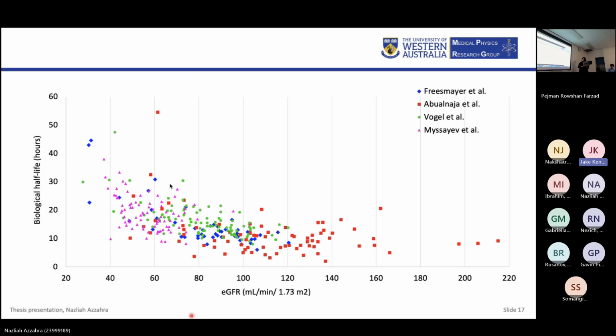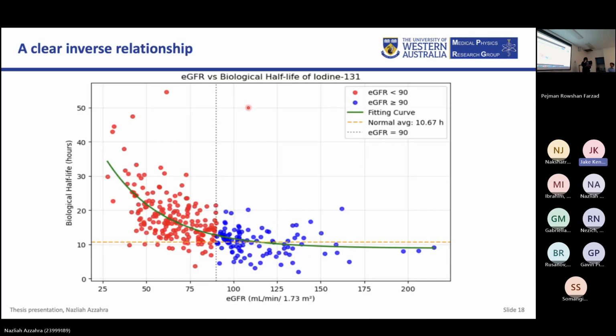X-axis is eGFR and Y-axis is biological half-life. There are in total 297 patients. And to make the differences clearer, here is the graph showing the relationship between eGFR and biological half-life for normal kidney function, which is the blue dots, and impaired kidney function, the red dots.